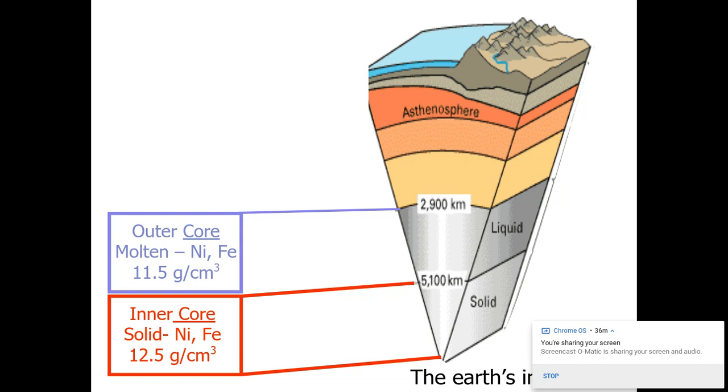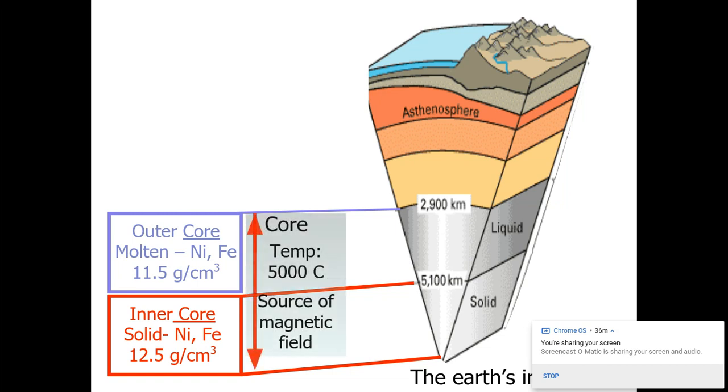Then we'll take a big chunk of the center portion of the Earth. Let me back up a little bit, sorry. Here, the outer core and the inner core together constitute the core of the Earth. Typically the core of the Earth is measured at about 5,000 degrees centigrade, very hot to say the least.